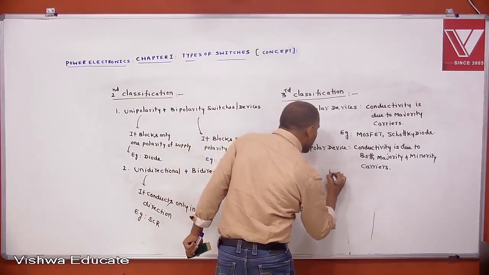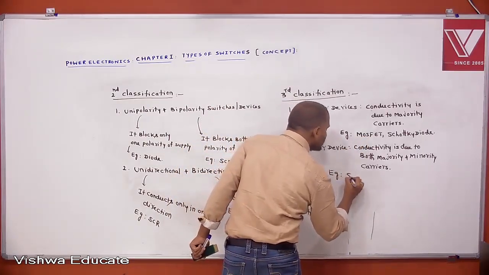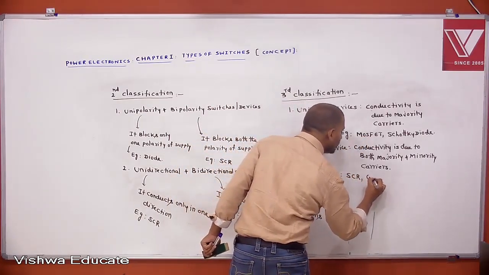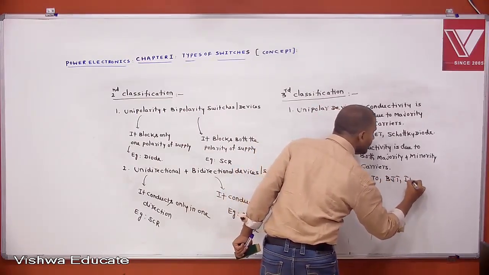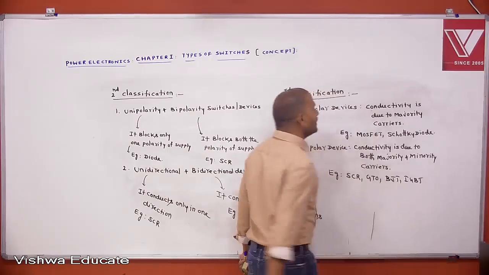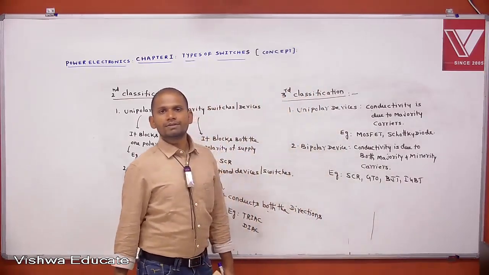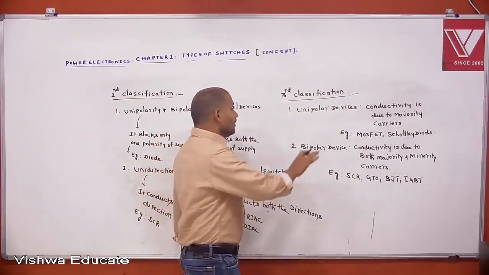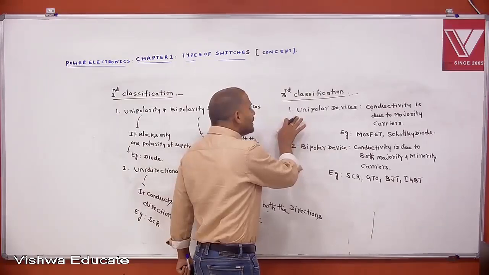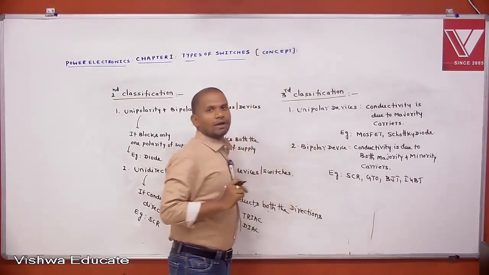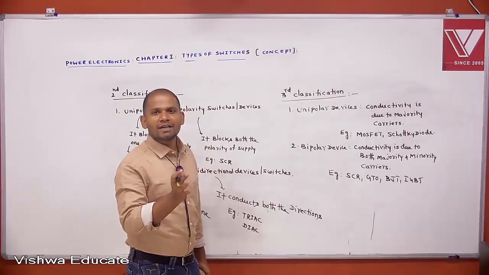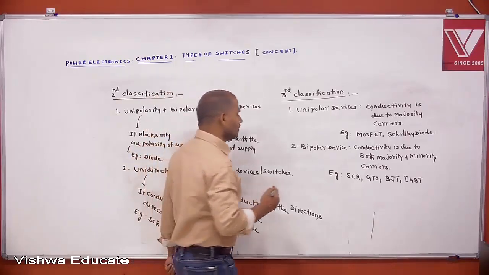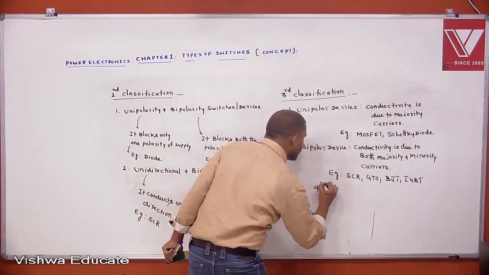Then what are the examples? SCR, GTO, BJT, IGBT, all these are bipolar devices. This is about what exactly unipolar devices and bipolar devices are. What are the properties of these unipolar and bipolar devices? Later I will give.